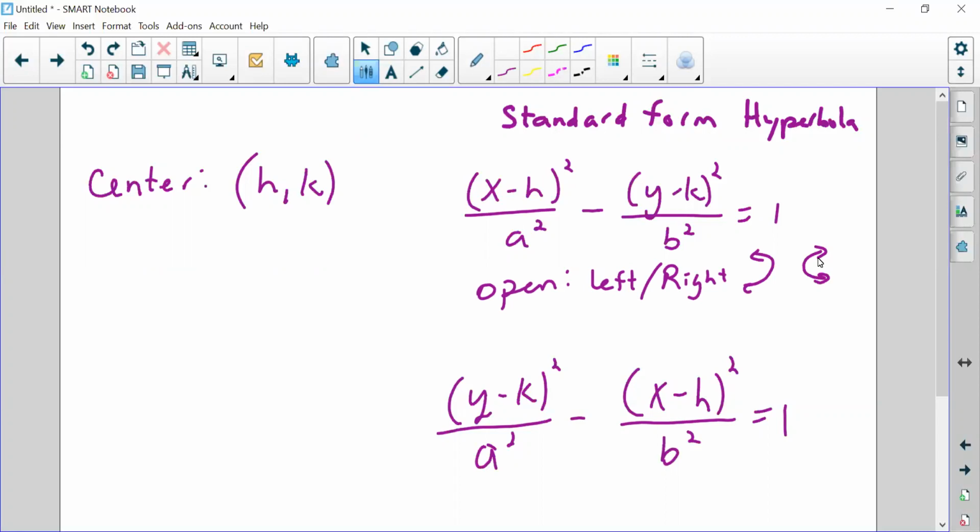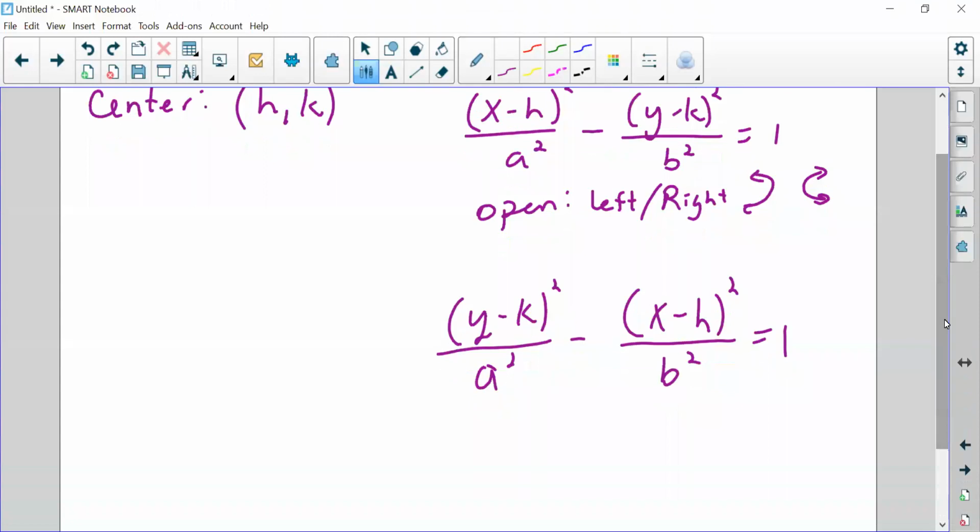If the y squared term is written first, it will open up and down, so we're going to have a graph that looks like this at the end. So that's the first thing you're going to look at. You need to figure out which direction it is opening, because that's going to help us figure out our vertices.